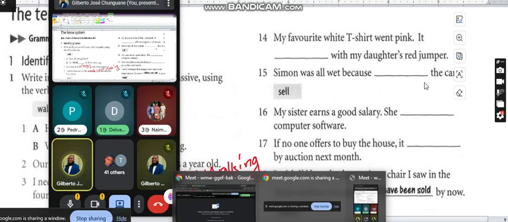Okay, that's fine. Let's ask the others if they agree with your answer or they have a different perspective. Delva, do you have a different answer or is it the same one provided by our colleague Pedro? Naima, is it the same answer that you would provide or do you have a different one?